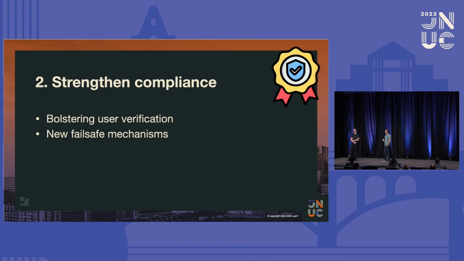The next broad category is around strengthening our compliance story. Of course, a key concept of zero trust is never trust and always verify, and that's what we are looking to push further on. We're looking to ensure that we have additional authentication or verification policies in place that periodically request users to verify who they say they are, and not just trust that they are who they say they are.